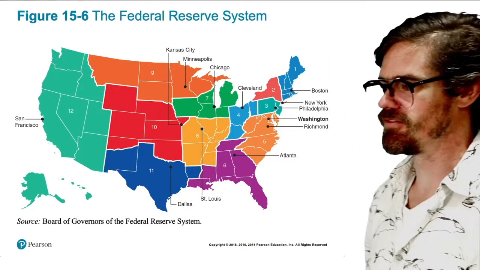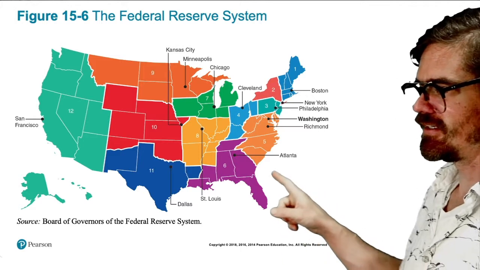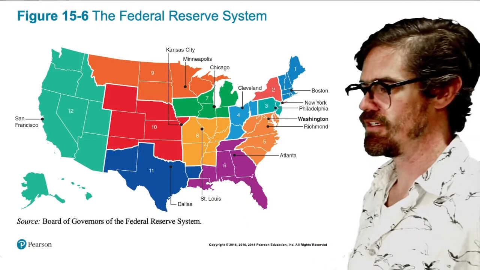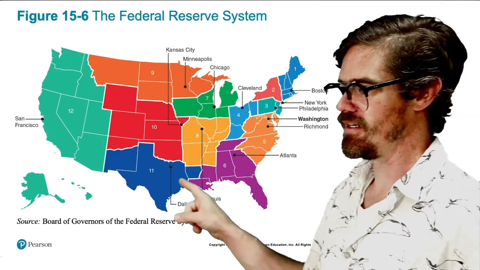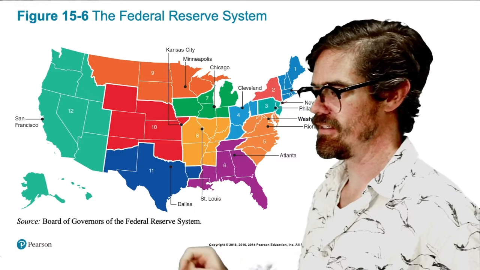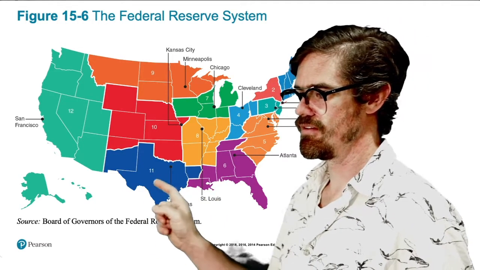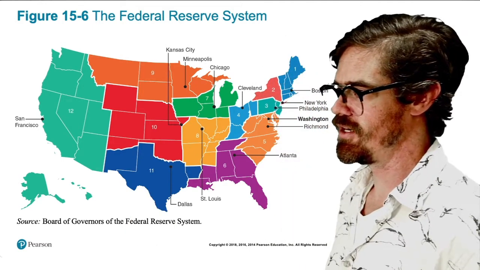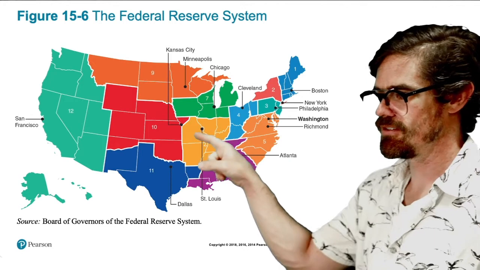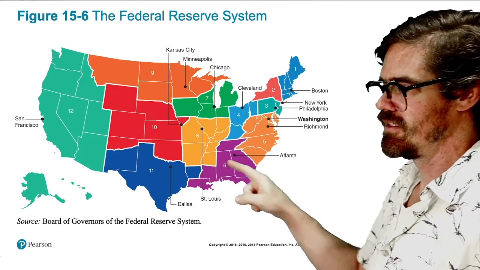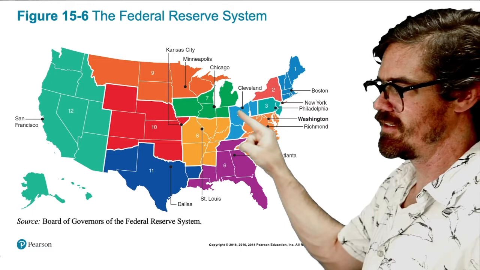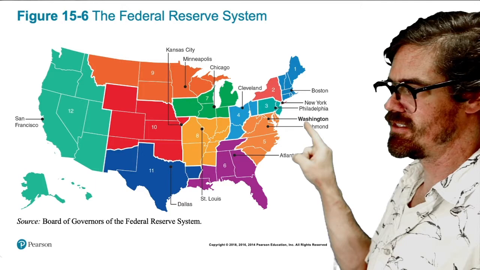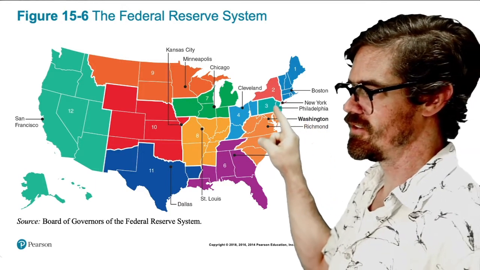All right, and then here's a map of the different districts and the banks. Like I said, Atlanta is the headquarters, so to speak, for the Southeastern District. There's a federal bank in Dallas, which is this south region here. San Francisco is where the federal bank is for the western region. Minneapolis, Kansas City, Chicago, St. Louis, Cleveland, Richmond, and then there's one in Washington, D.C., Philadelphia, New York, and Boston.